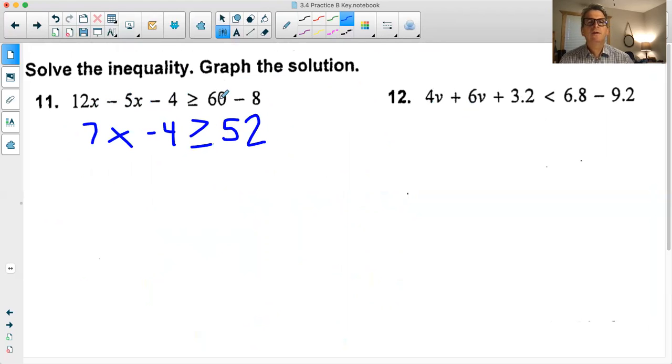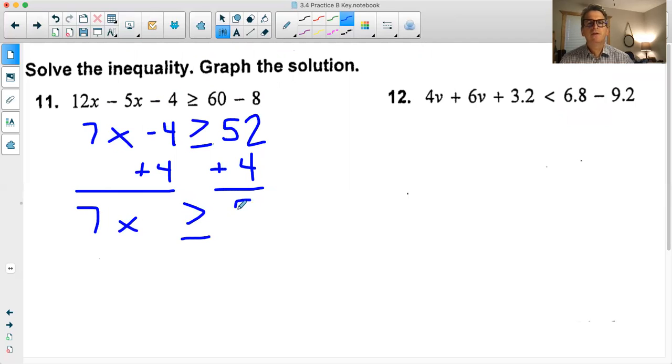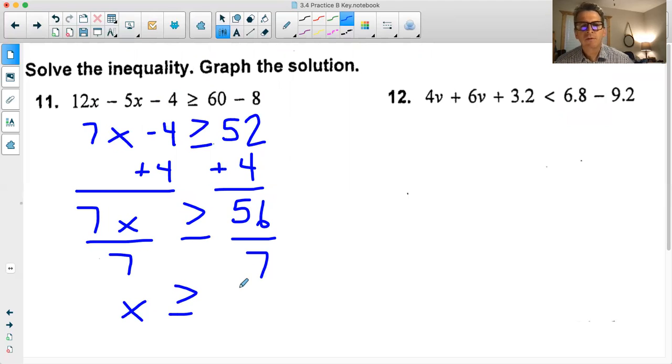Like terms here, 60 minus 8 over here. Okay, add 4. Add 4. And you would have 7 times x greater than or equal to 56. Divide by 7. Divide by 7. And x has to be greater than or equal to 56 divided by 7, which is 8.